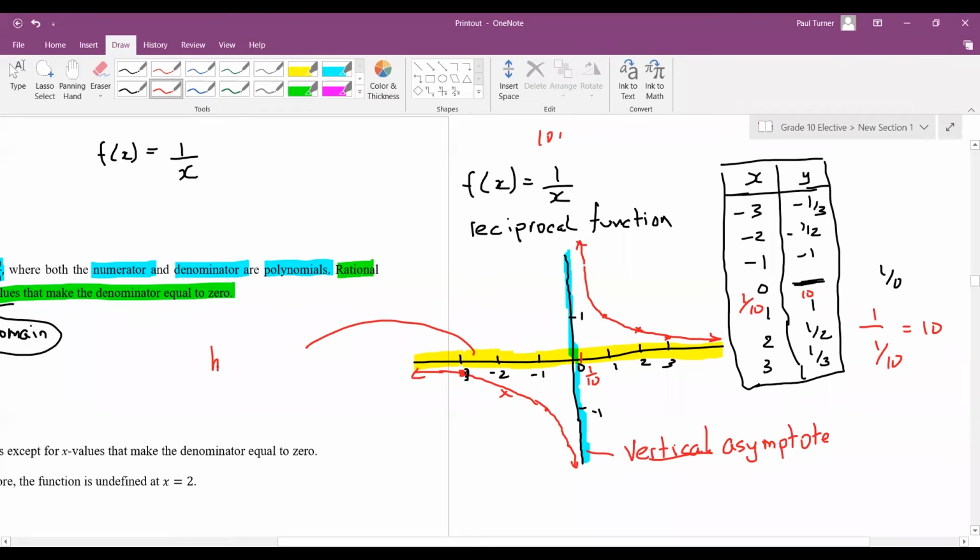So horizontal asymptote, A-S-Y-M-P-T-O-T-E. But I don't want to do a lot of graphing today because when you do a topic on reciprocal or these functions, we do a lot of graphing then.